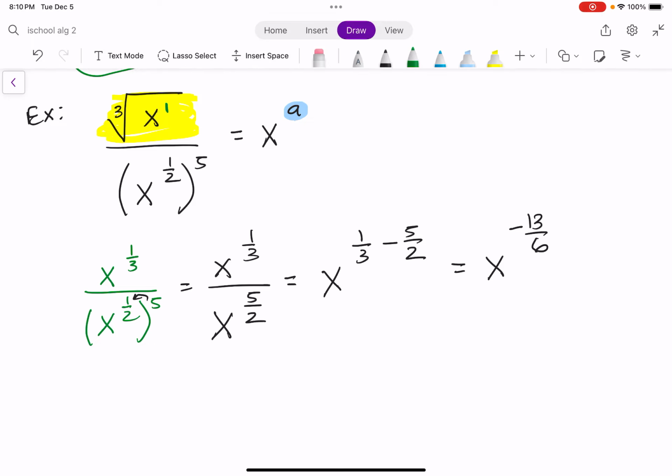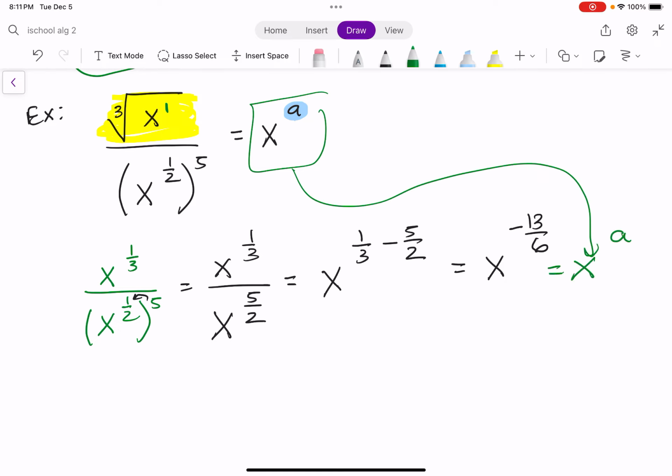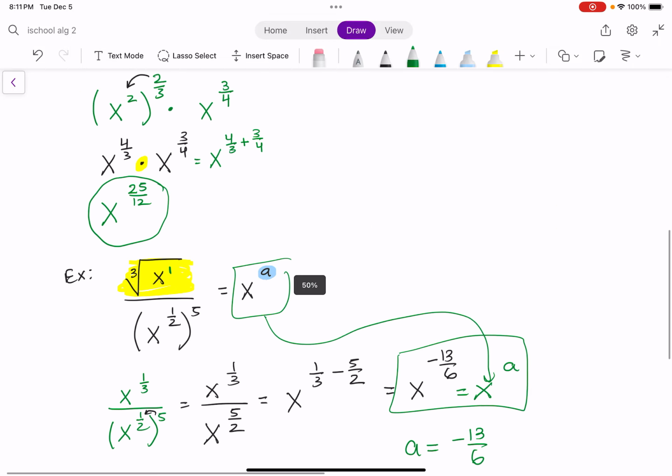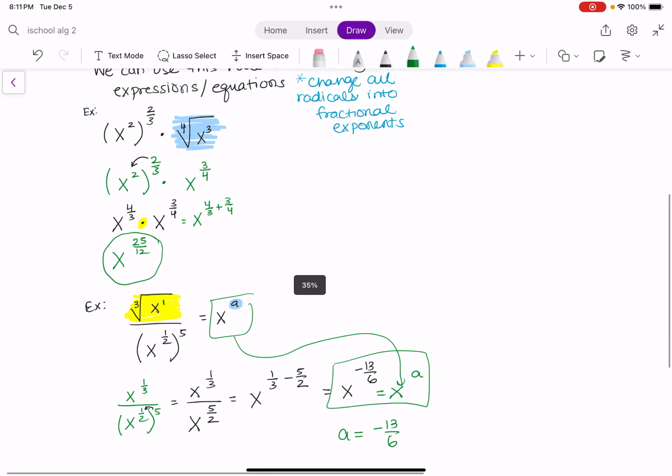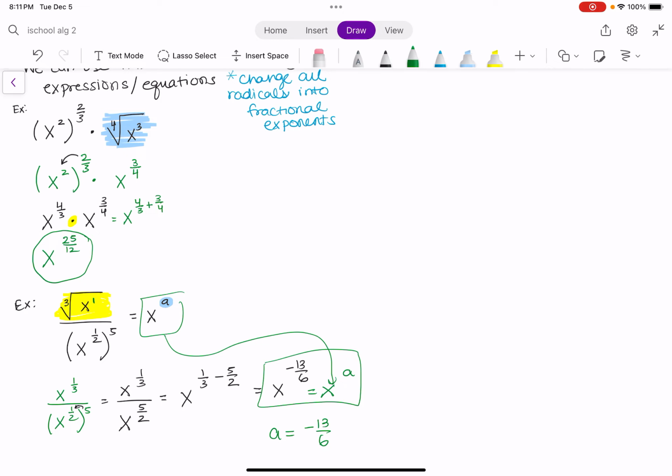And so I'm going to bring this down. This is equal to x to the power of a. So what is a equal to? a is equal to -13/6, because in order for this to be equivalent, the exponents need to match. So a is -13/6. Okay? So try the practice. Again, the first step you need to do is change the radicals into fractional exponents and then go from there.